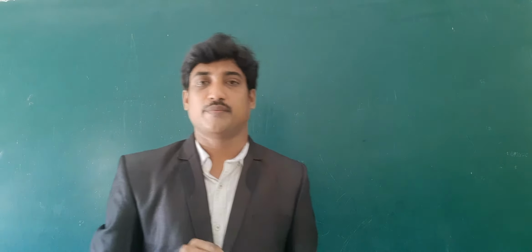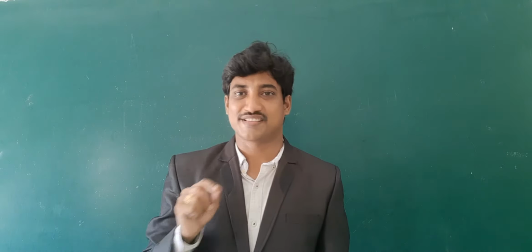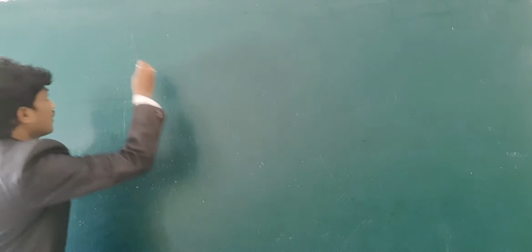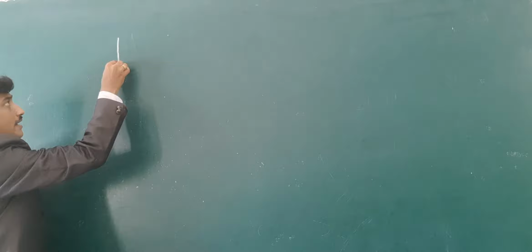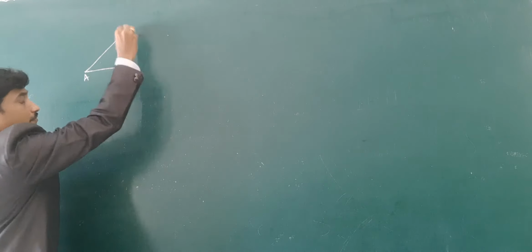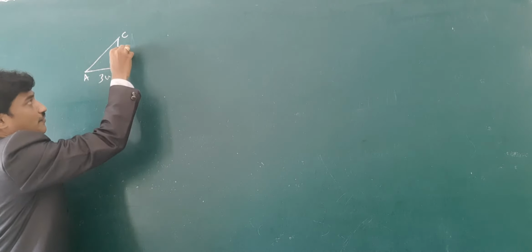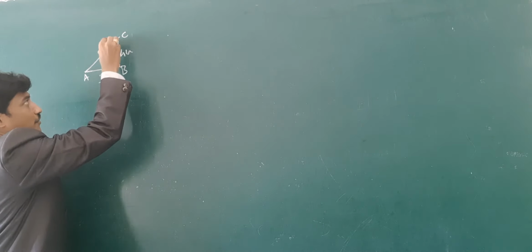Now let us observe three right angle triangles with proportionate sides. Here I am taking a right angle triangle ABC with lengths of sides 3 units, 4 units and 5 units.